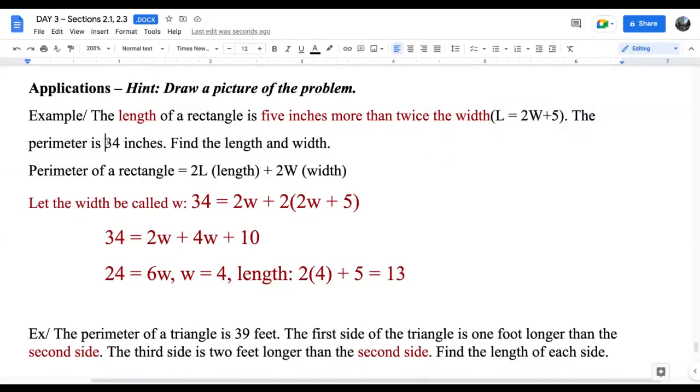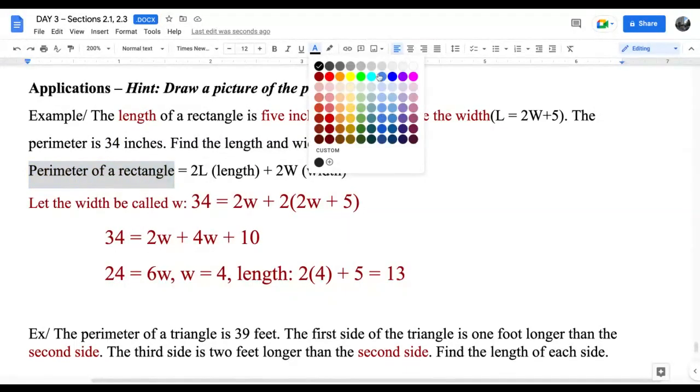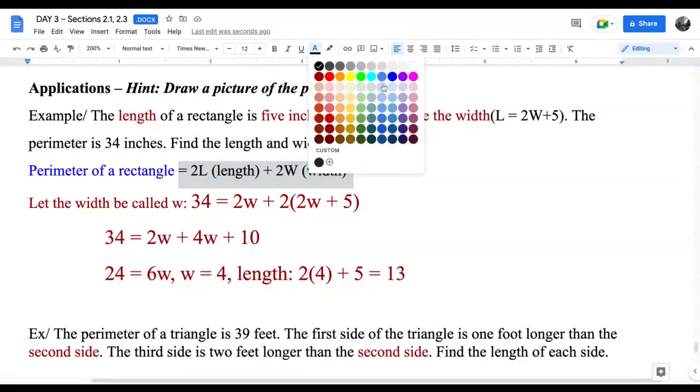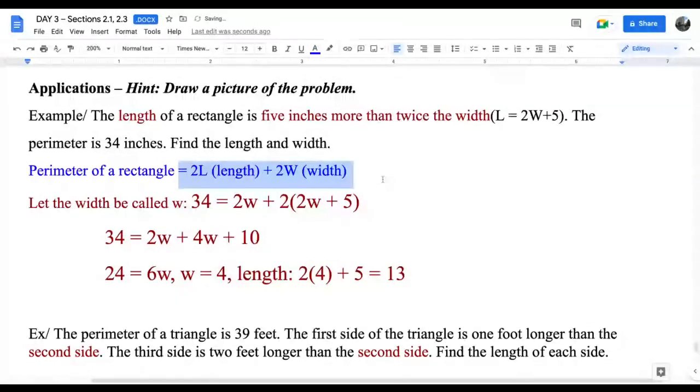And then we're given the perimeter is 34. And then we know the perimeter of a rectangle is 2L plus 2W. So this is the formula. The perimeter is given, 34.